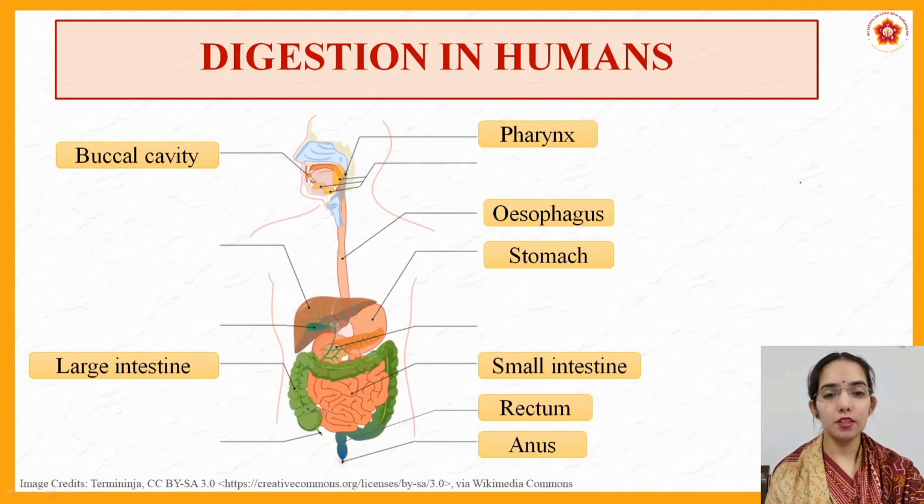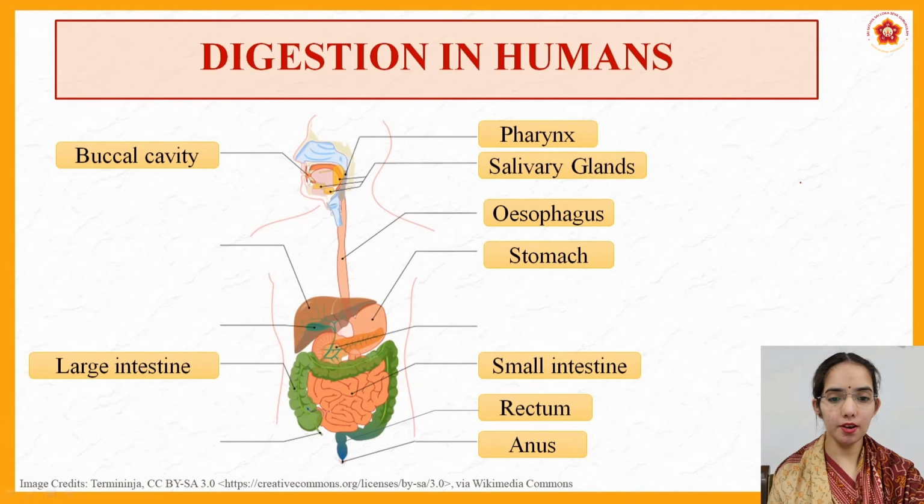For digesting the food, certain secretions are released. So we have certain glands. First of all, it is the salivary gland. We have 3 pairs of salivary glands, as you can see in this picture over here.